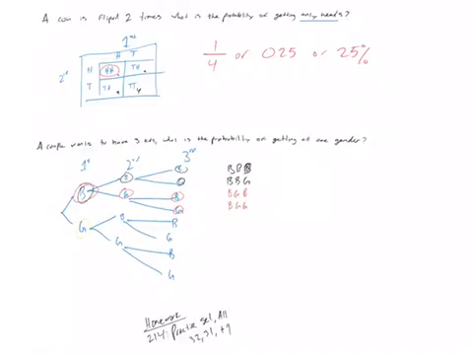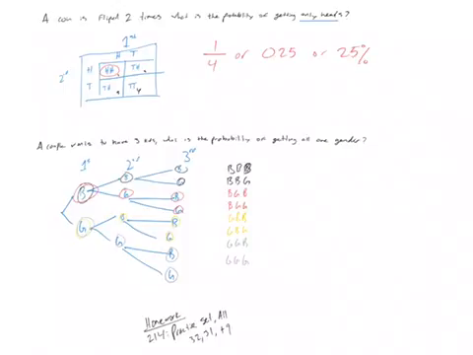I could have a girl, boy, boy. Girl, boy, girl. A girl, girl, boy. Or a girl, girl, girl.